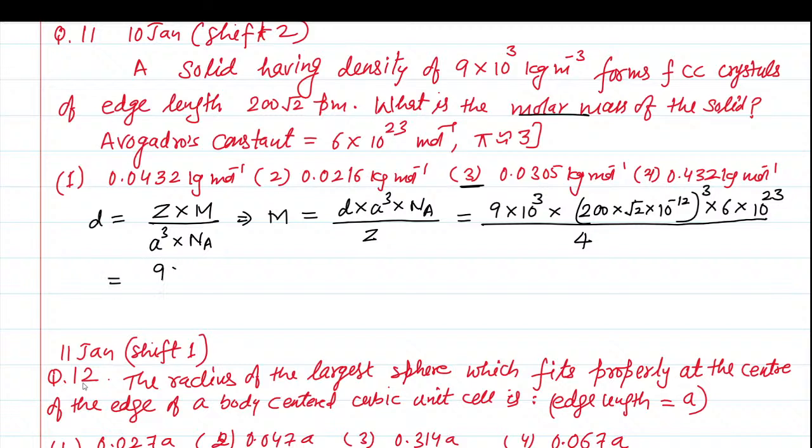So it is 9 into 8 into 2 root 2 into 10 raised to power minus 30 into 6 into 10 raised to power 23 divided by 4.